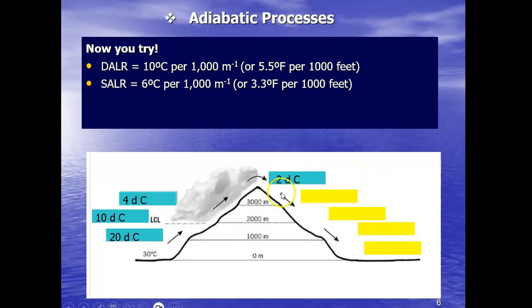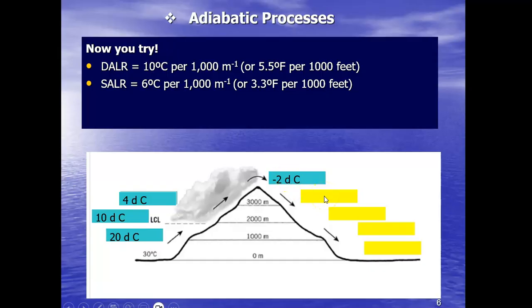-2. But now the air is going to descend and warm, and I'm going to switch back to the dry rate. So I had -2 degrees Celsius. I decreased my elevation by 1,000 meters. I need to not subtract because now it's getting warmer. I'm going to add 10 degrees.